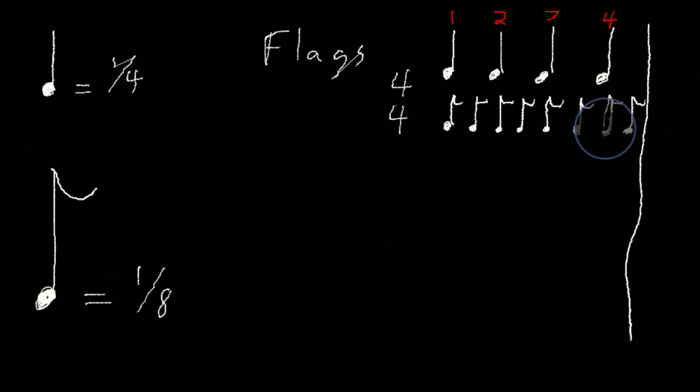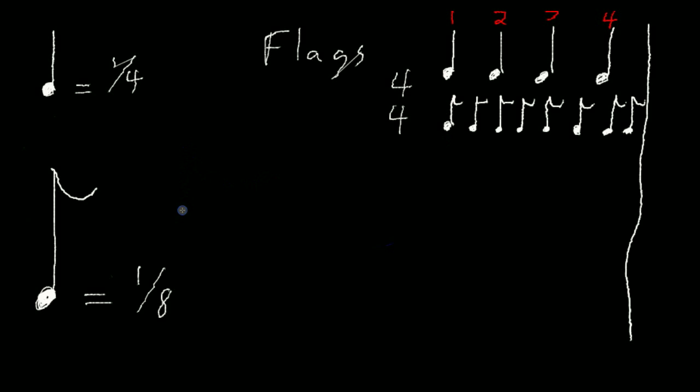Actually, I should erase that. Okay, there we go. We have 8 eighth notes: 1, 2, 3, 4, 5, 6, 7, 8. Eight eighth notes in a measure of 4/4 time. So each takes up 1/8 of the time it would take you to get through playing this measure. That's the concept behind it.